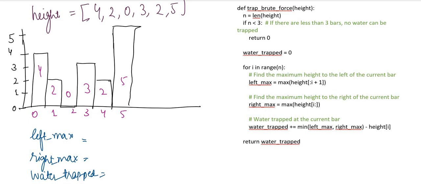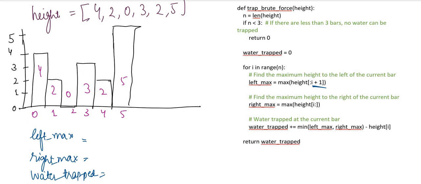For example, when I am writing in Python 0 to i like this, the last index will not be included, because the last index is not considered in slicing. That is why I plus 1 is written here, since we want to include the current element as well.